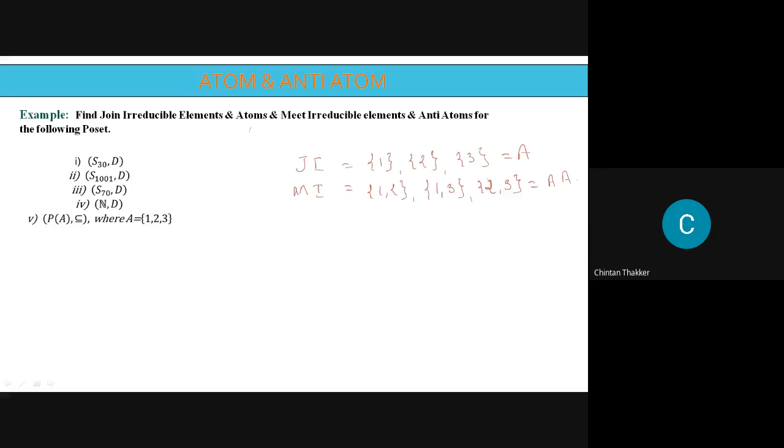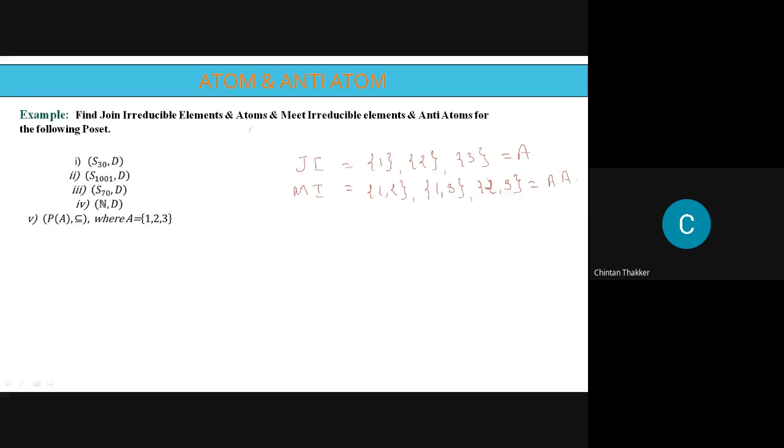An atom: if a join irreducible element is a cover of the zero element, then it is called an atom.